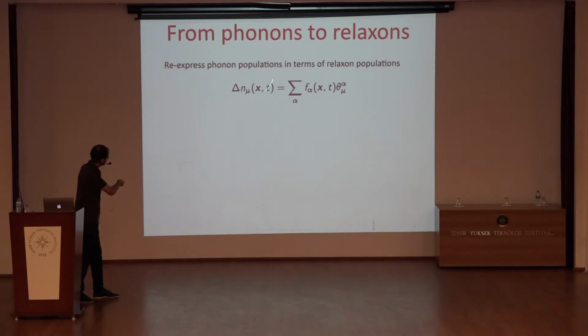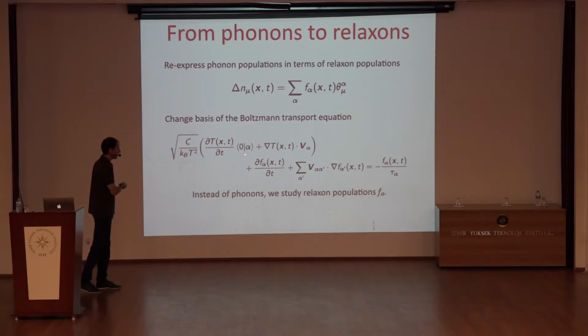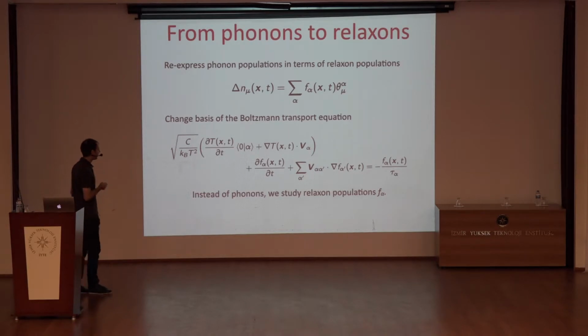So now, rather than focusing on the occupation number of phonons, we want to focus on the occupation number of relaxons, f of alpha, and you use this expression to rotate the Boltzmann transport equation. You get an expression of the Boltzmann equation which is equivalent to the previous one, except that now we have lost any remaining trace of phonon indices. We're just left with an expression in terms of the occupation number f of alpha, associated with each of these relaxons. And we have to do integrals over this alpha, the eigenvalue index, while before we were doing integrations over phonon states.